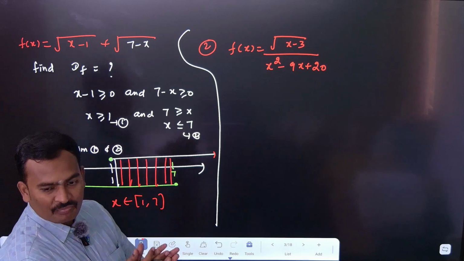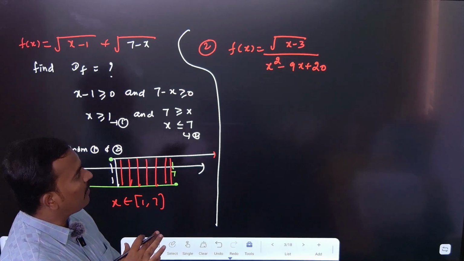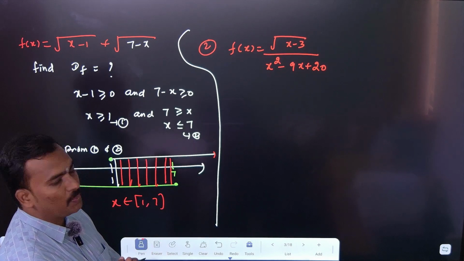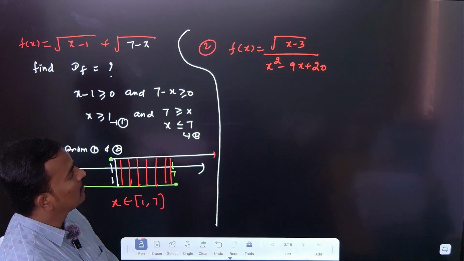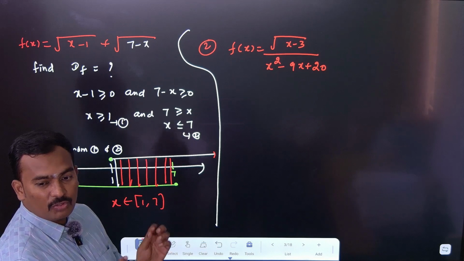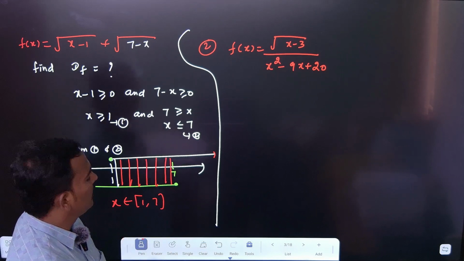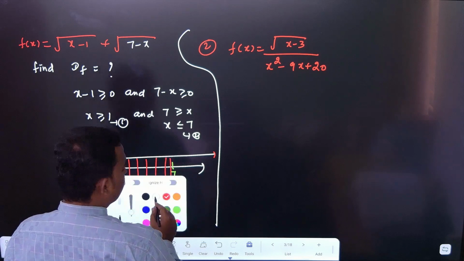Clear? So for this question, how to find the domain? Here you can see the ratio of these two expressions is there, right? We already know that to find the domain, the expression under the square root is always greater than or equal to 0.